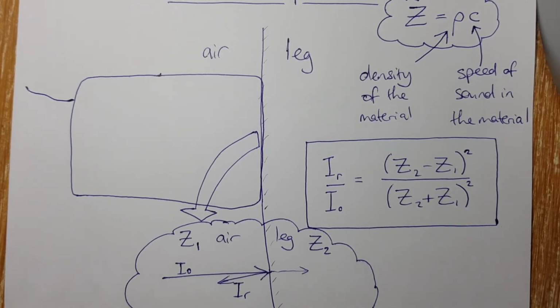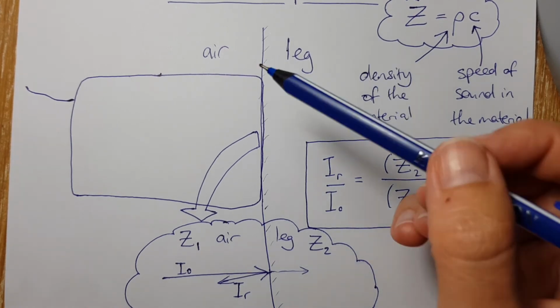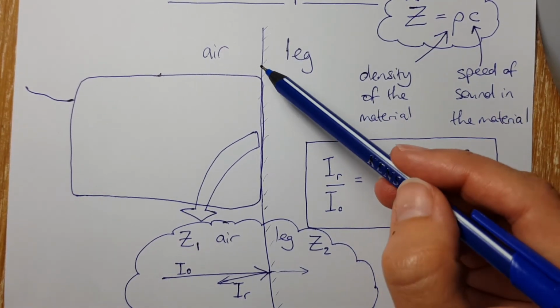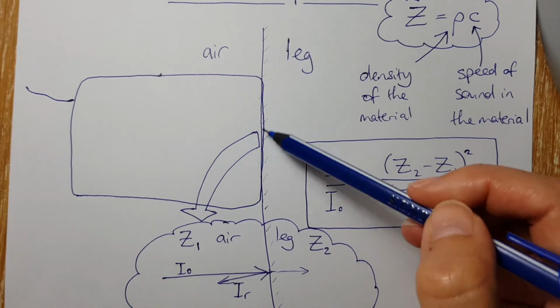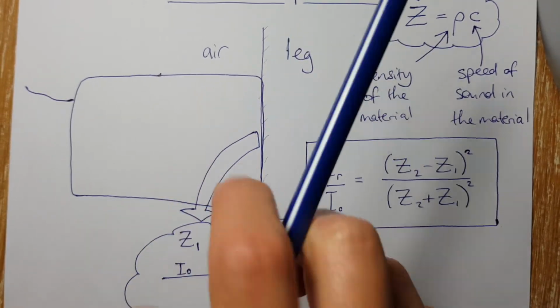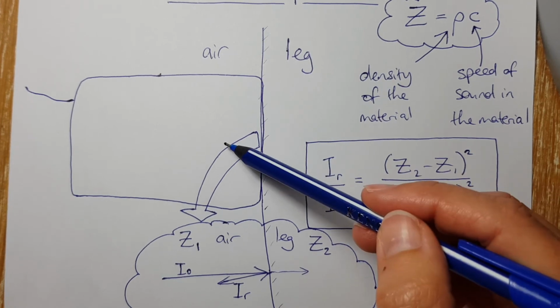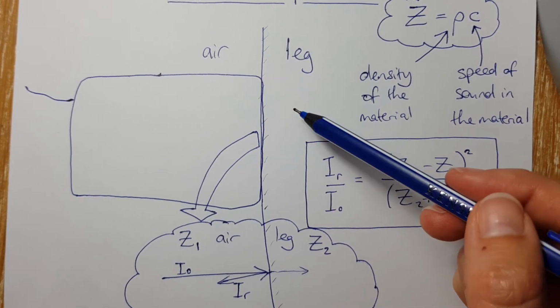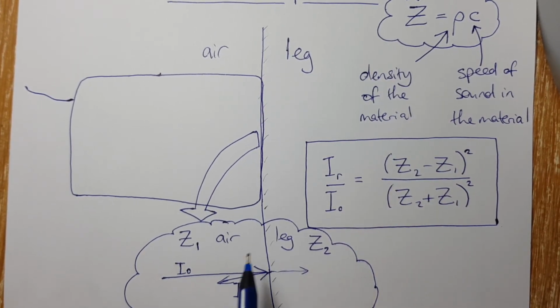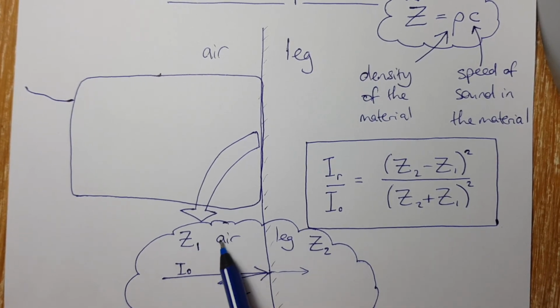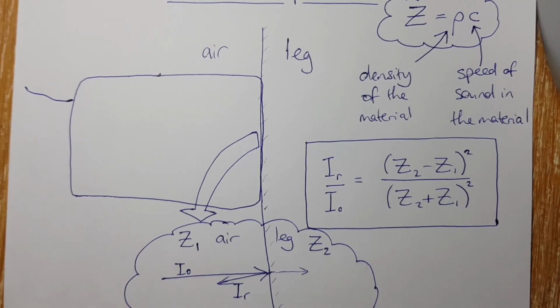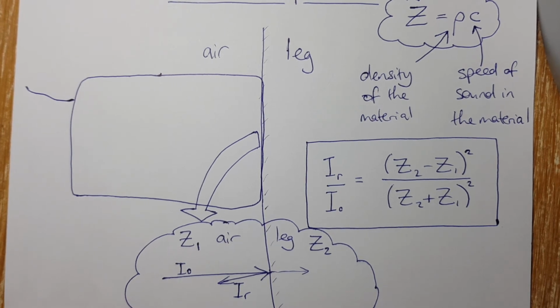And this is why, as I'm sure you've seen, when you go for an ultrasound scan, they put gel on you, and then they rub the transducer around in the gel, and that's to get rid of any air between the transducer and you. Because the gel itself has a very similar impedance, so if this was gel instead of air, its impedance is very close to the impedance of your body, and then you don't get very much reflected at all, and you get a good image.